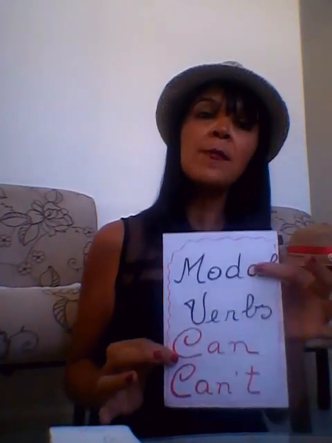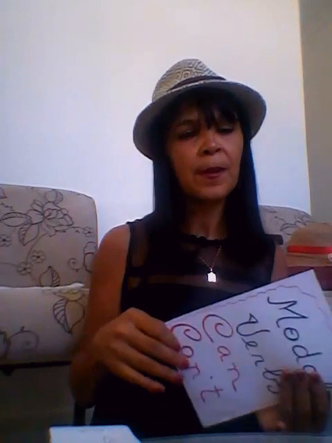So I use the modal verb can in an affirmative way because I'm talking about my ability, my capacity of doing something. Okay, now I'm gonna bring for you some examples. Real examples.